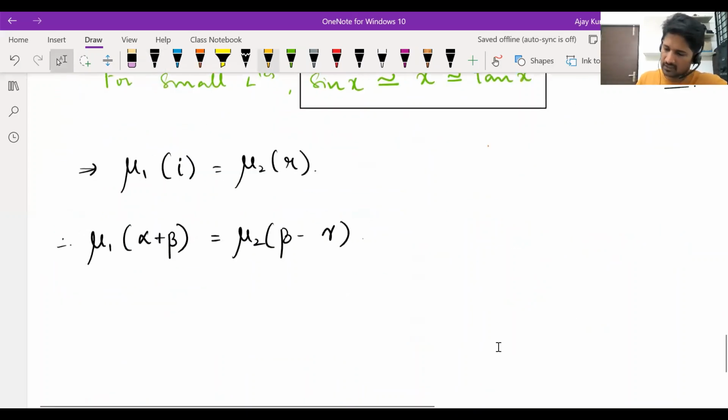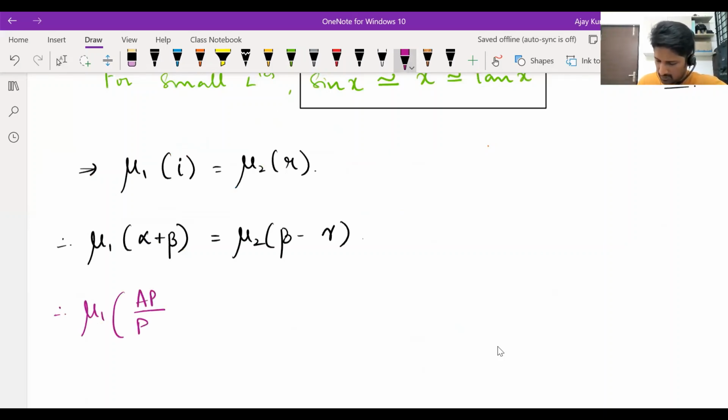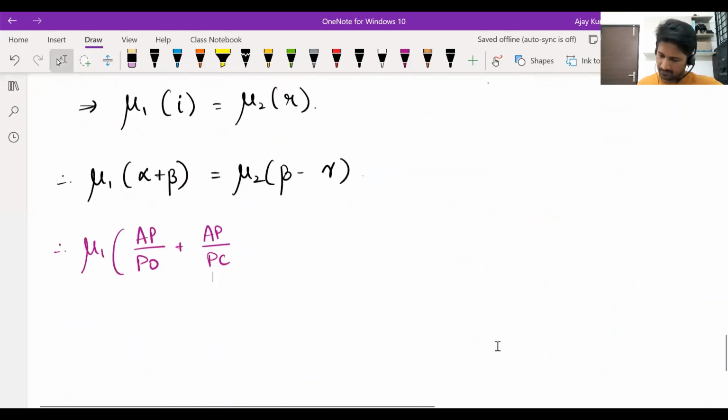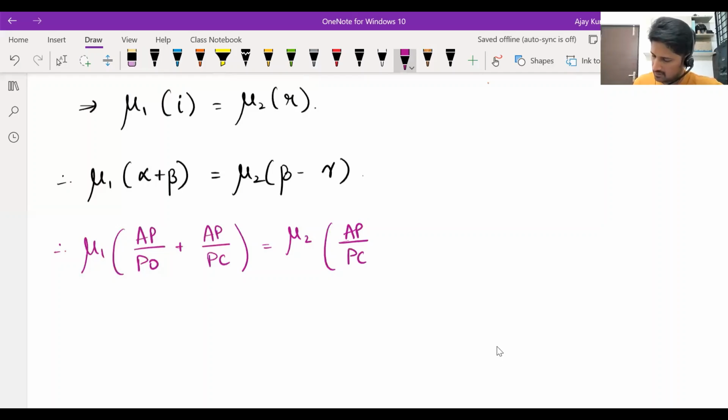Therefore, we can write mu1 into alpha, which was AP by PO, plus beta, which was AP by PC. Beta is up to the center only, no? Yeah. Is equal to mu2 into beta, AP by PC, minus gamma, which is AP by PI, all the way to the image. Fine, AP gets cancelled.